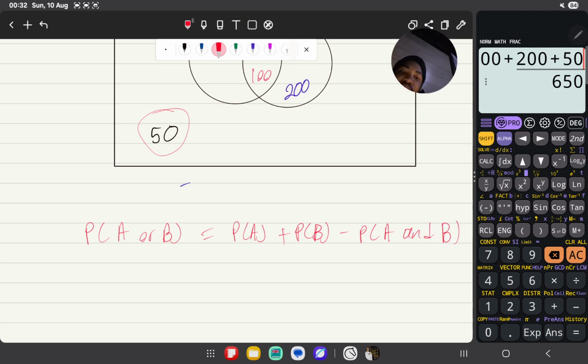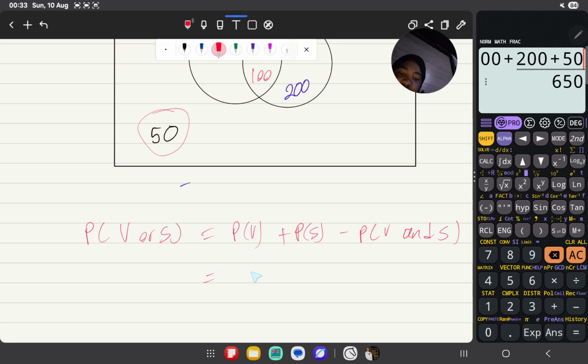So if we use this formula, the probability of fat cook or sweets will be equal to the probability of fat cook plus the probability of sweets minus the probability of fat cook and sweets.